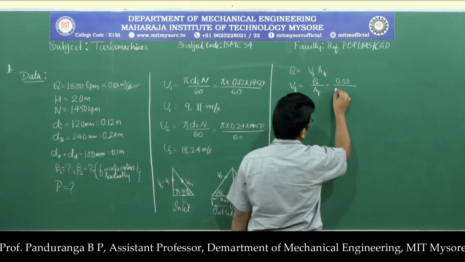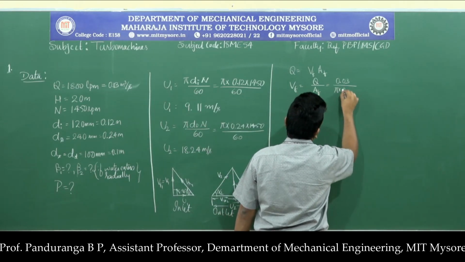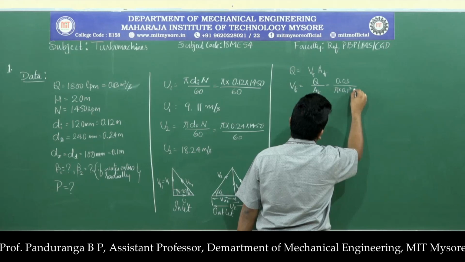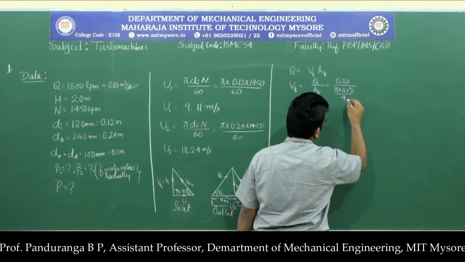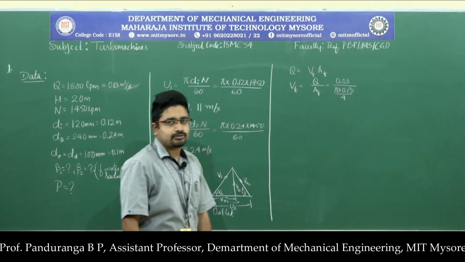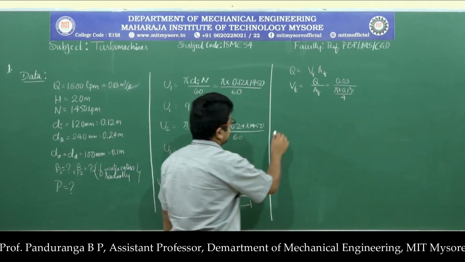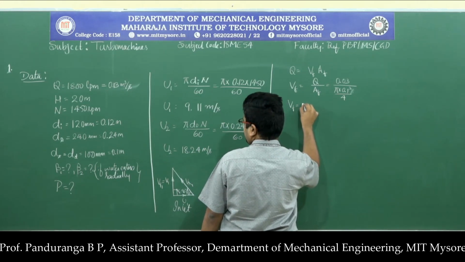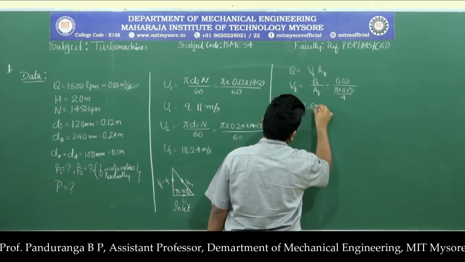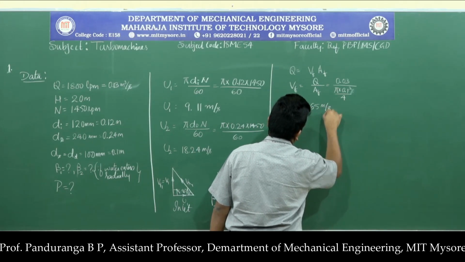The flow area is pi d square by 4, because that is the cross sectional area of the pipe. So it is pi into 0.1 square divided by 4, and if you simplify this, we get the flow velocity as 2.65 meter per second.